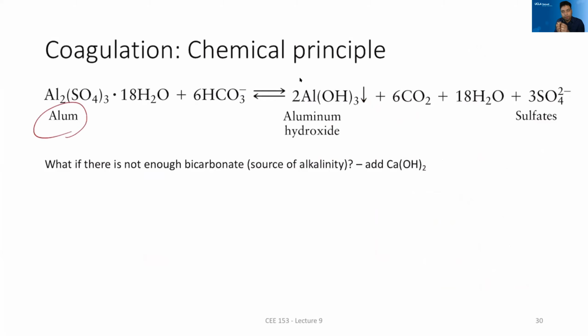Those tiny particles will stick with other particles. So you're creating artificially a lot of very tiny particles, and they stick with each other. Anything else that is regularly in the water will also stick, and then you create this big floc.